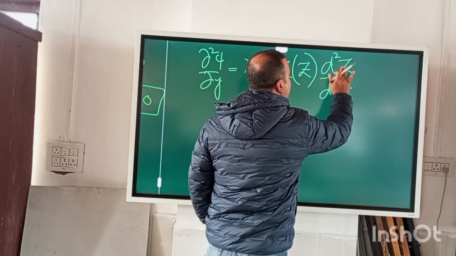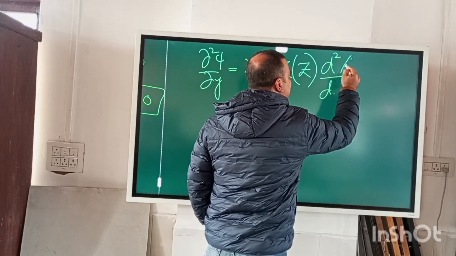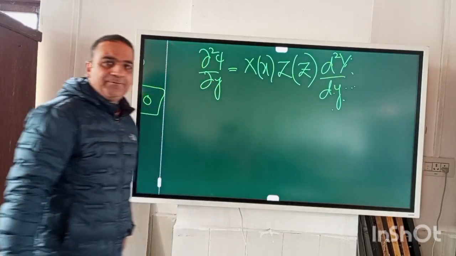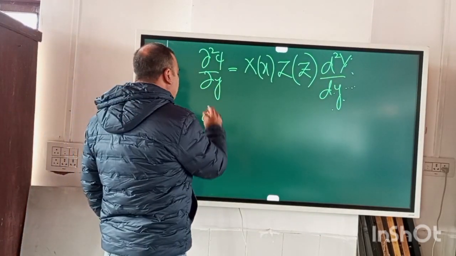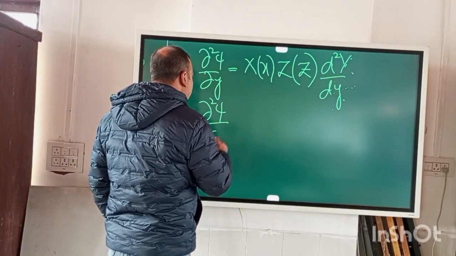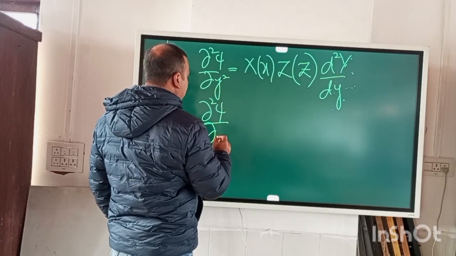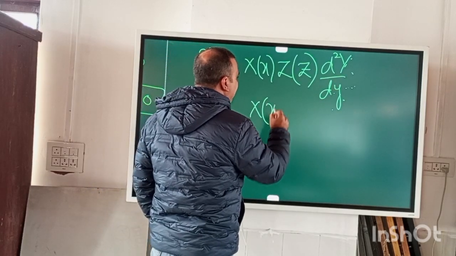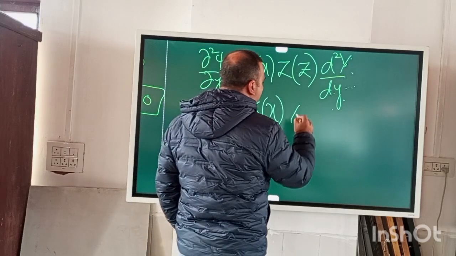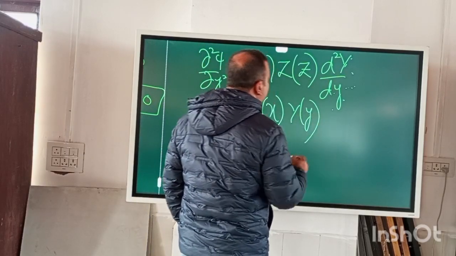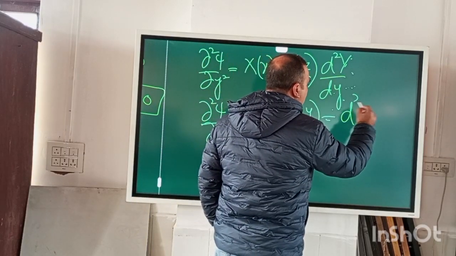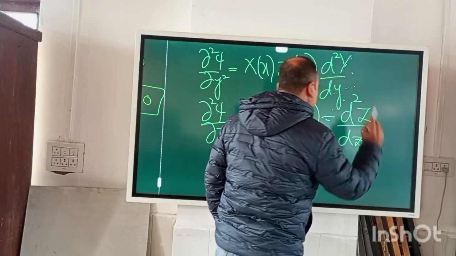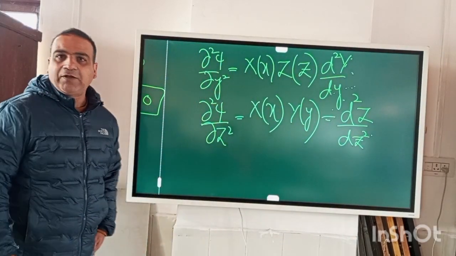It has to be d²Y; this has to be the capital Y, and this has to be the small y. Right? And the last one, ∂²ψ/∂z², is X(x), and then Y(y), and then d²Z/dz². Clear? Okay?